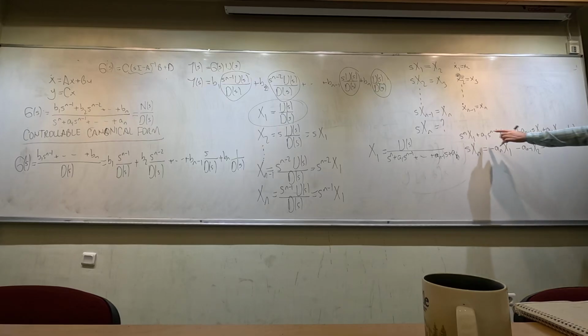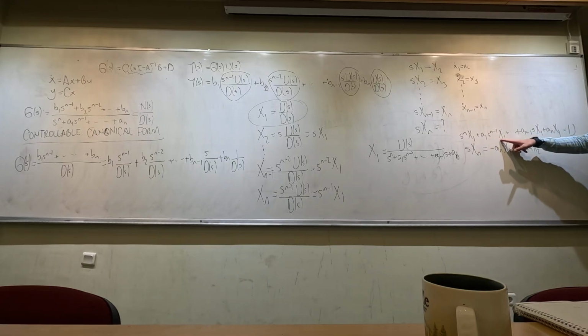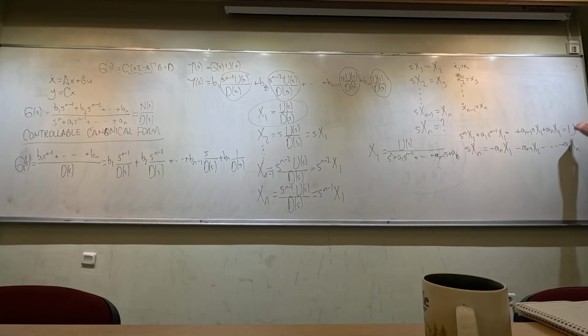These are going to continue until this term minus a1. What is this? S to the n minus 1 x1. What is that in terms of the state variables? It is just xn, okay? And I have here plus here.